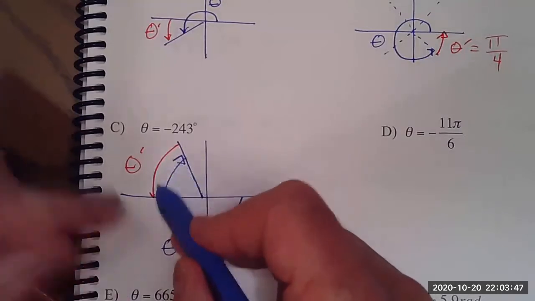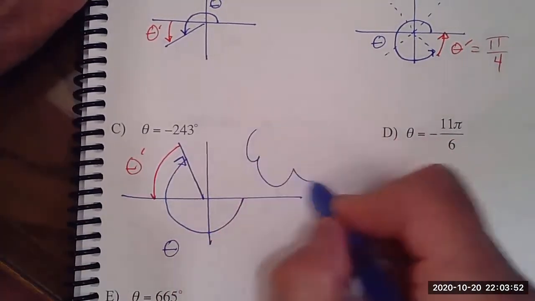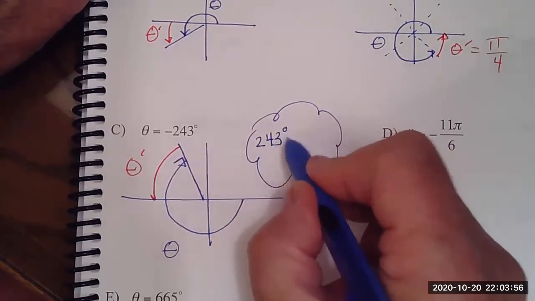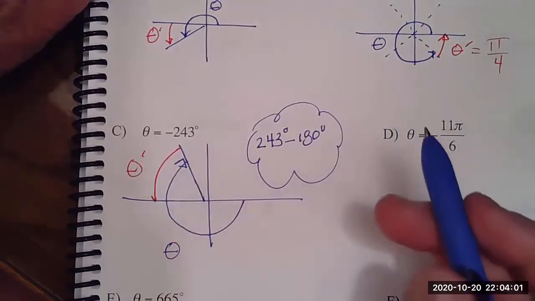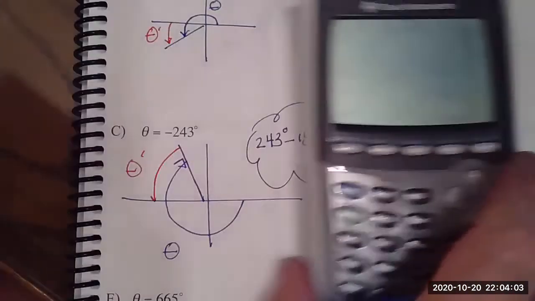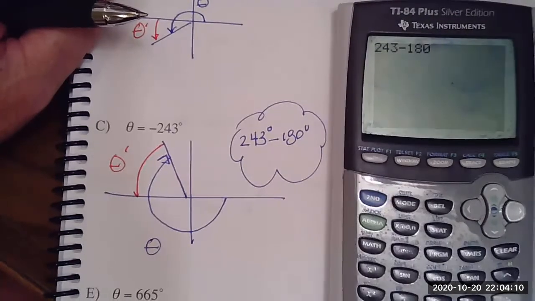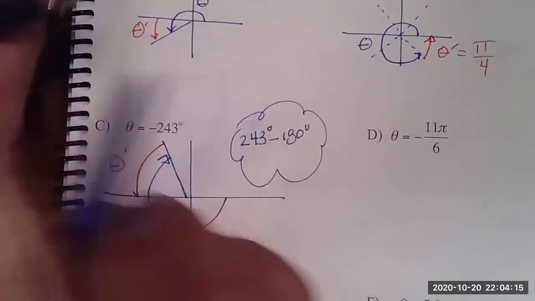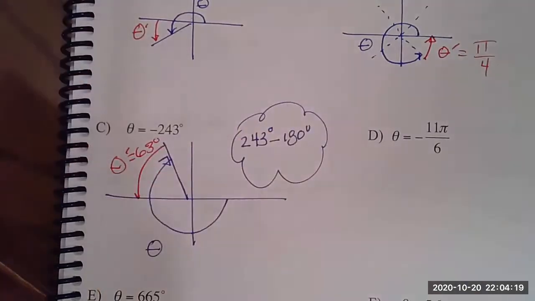This is the leftover between 180 and 243, and it's got to be positive. So if I took 243 degrees and backed off 180 degrees, that'll give me the leftover. If I subtract 180 from 243, I get 63 degrees. This leftover right here is 63 degrees, and that's your reference angle.